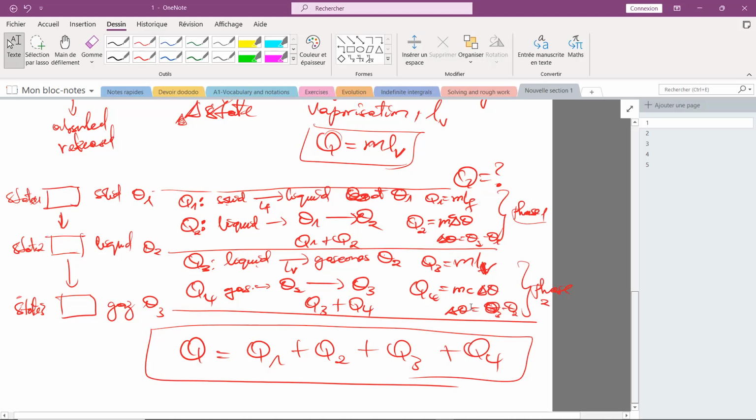So always try to break down things like this. Whenever you are given an exercise, always try to break it down like this. If you are capable of breaking down things like this, it will help you a lot. You will always understand all the mechanisms going on in the exercise being given to you.